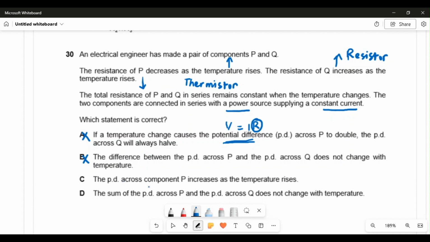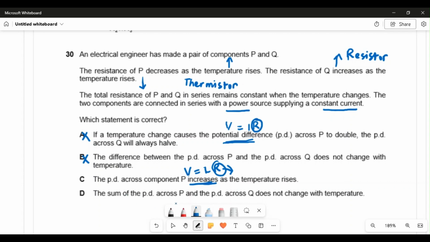As I told you, potential difference across component P increases as temperature rises? We know V is equal to IR, and R is proportional to the temperature. But here, as the temperature increases for P, it's a thermistor, so its resistance decreases, and decreased resistance will decrease the voltage.